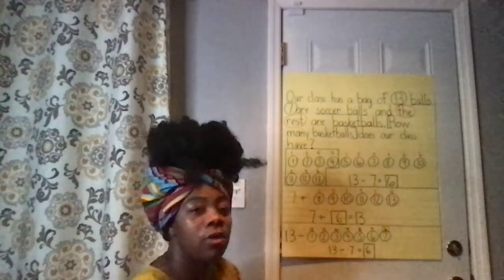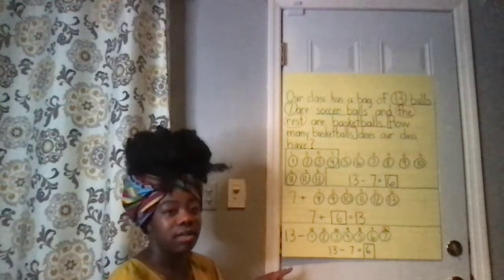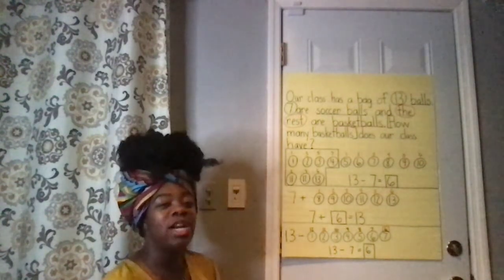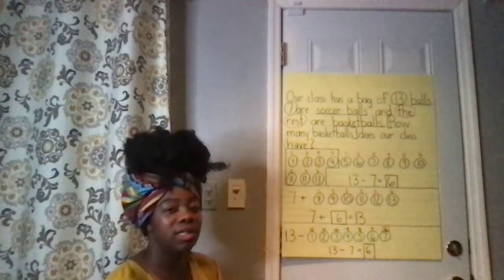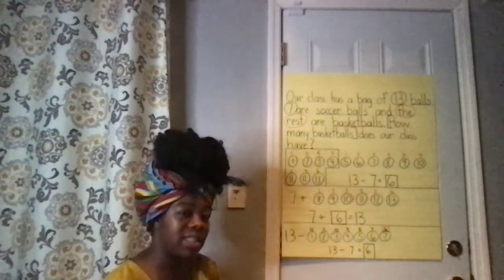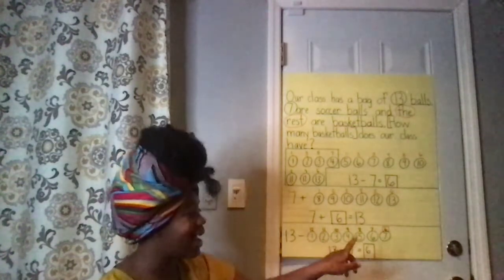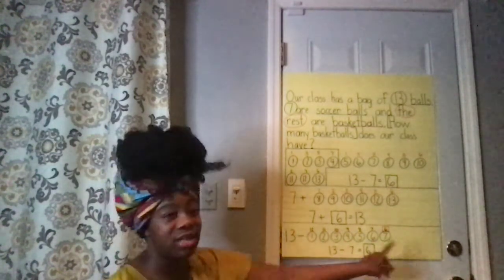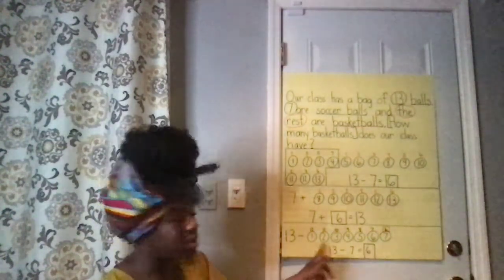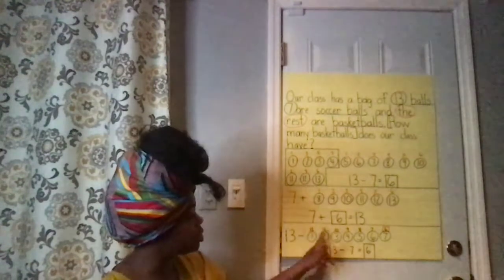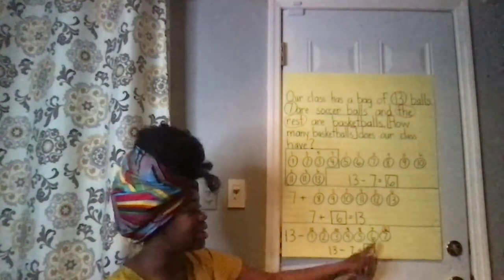Another way to solve is to start with 13. So start with your total amount. I know that I'm not adding, so if I'm going to start with my total amount, I'm going to obviously have to take away. So I have 13 minus, and then I'm going to count back 7 different balls, right? So I'm at 13, and I'm going to make 7 to represent the soccer balls. 1, 2, 3, 4, 5, 6, 7.